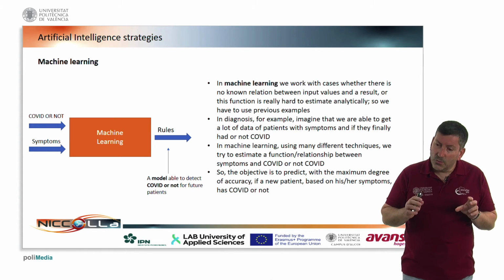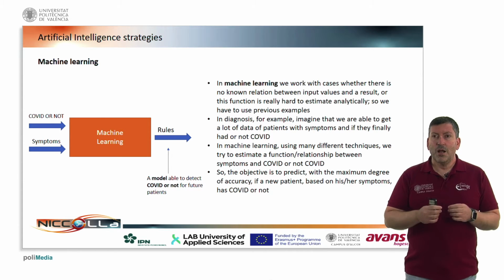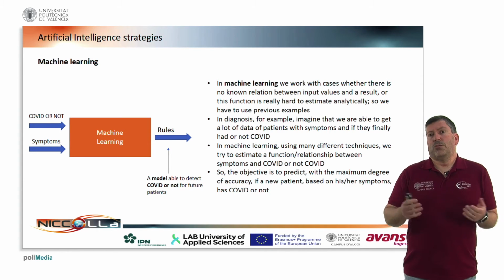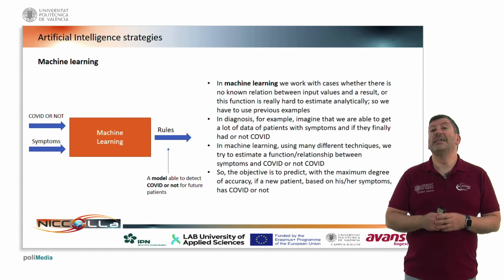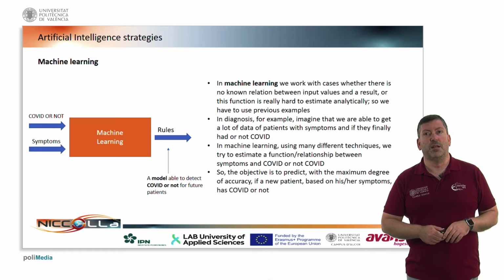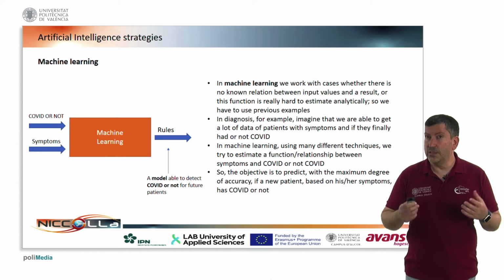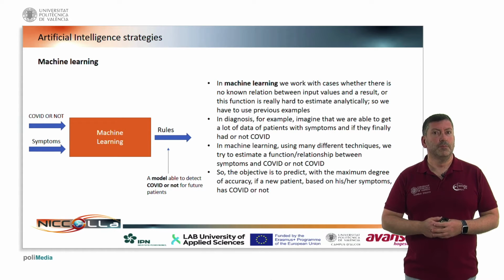We need machine learning when it is really very hard to know what makes someone have COVID or not from a collection of symptoms. If we have a large collection of examples, then we can use these machine learning techniques in order to estimate a model able to deal with this problem.